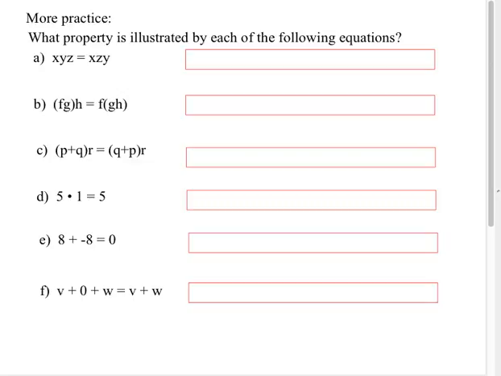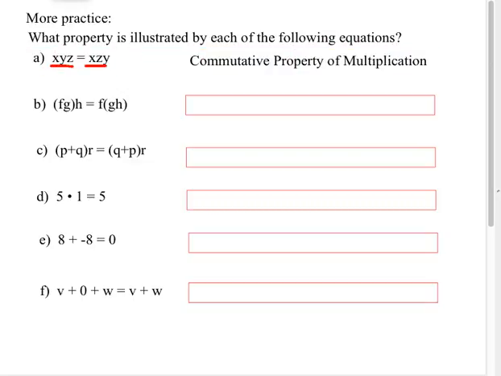All right, just a little more practice here, just to make sure that you feel comfortable with these before I let you go. All right, so what property? Here I notice the order is changing. So order means commutative property. Now, to be precise, you can put a multiplication.